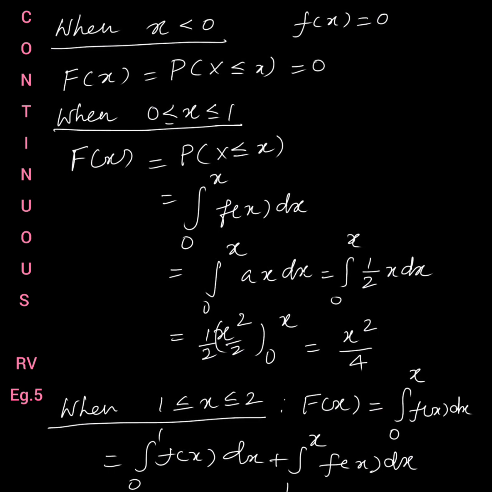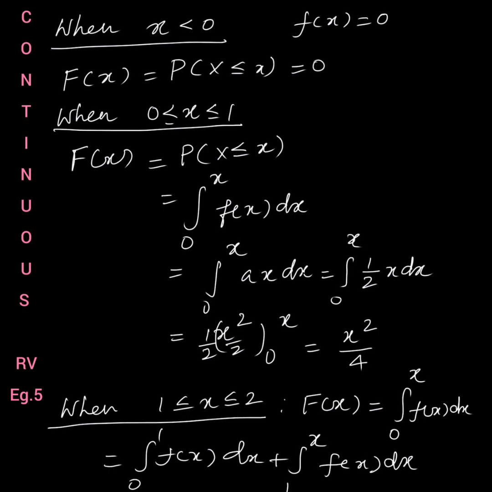So x less than 0, that is left of the interval, is the first case. For this case, obviously f of x is 0, so the total CDF also becomes 0. The original definition of capital F of x is probability of X less than or equal to x. Anyhow, f of x 0 implies the value here is 0.